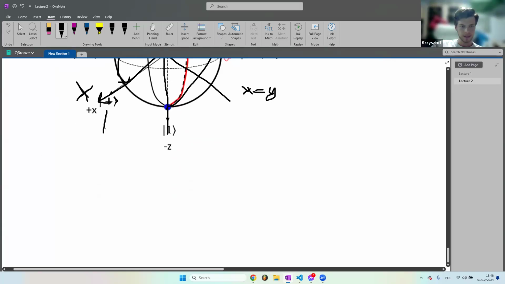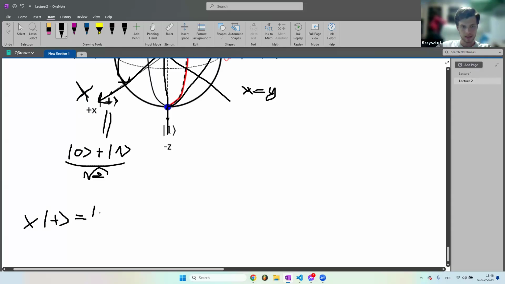So this state is actually 0 plus 1 over square root of 2. And this is the superposition of both states. So when we apply the X gate to this plus state, we will get 0 plus 1 over square root of 2. Also, the X should stand in front.